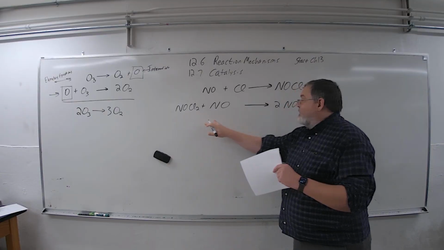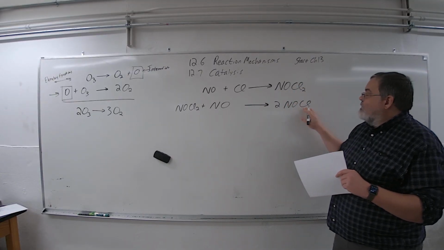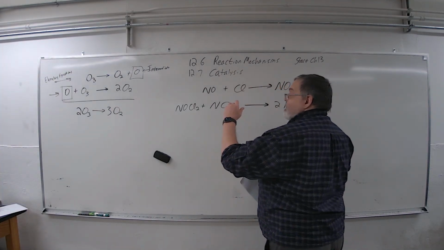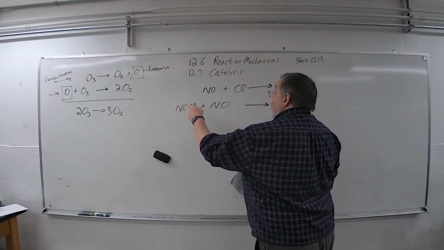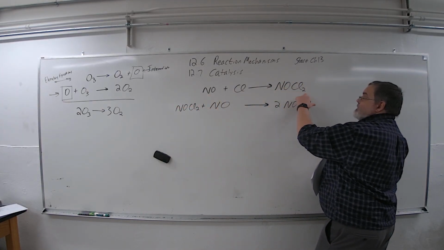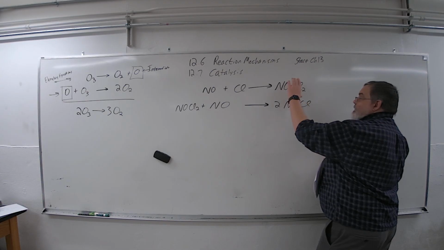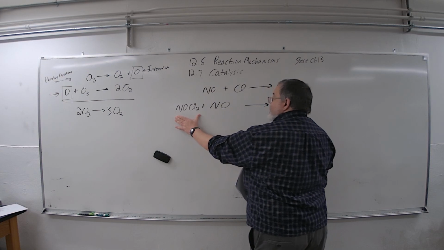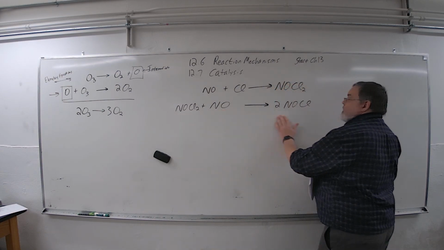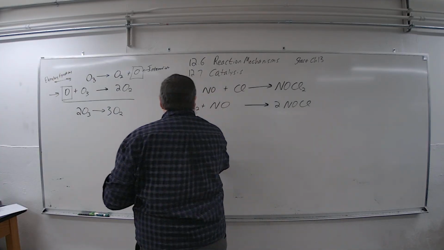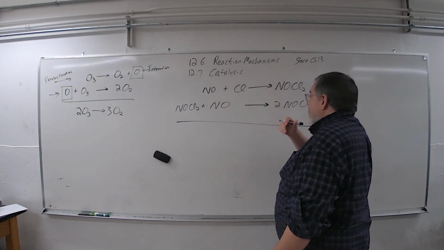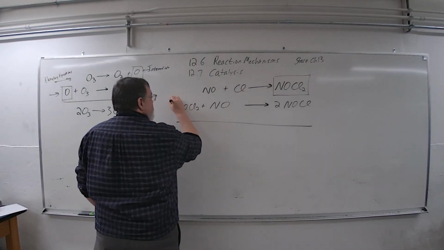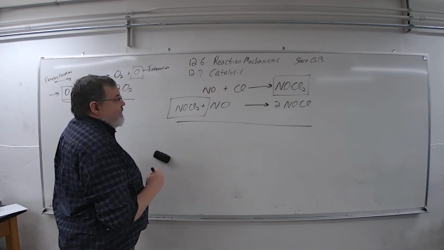So this is NOCl2, this is NOCl. So notice the difference there. So what this is saying is, similar to over there, the first reaction occurs and creates this with the Cl2 on it, and then that NOCl2 now exists, so now that can undergo another reaction with another NO to do this. So there's two steps, and if you add them up, NOCl2, and that's it.